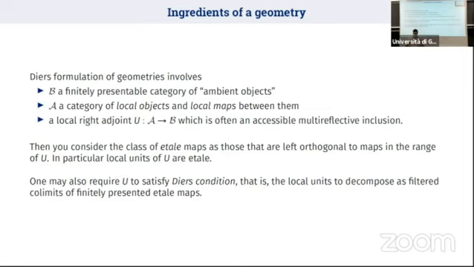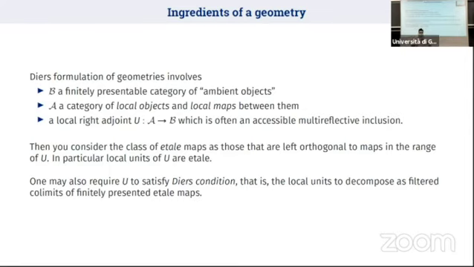Then when you have such a situation, you define a class of étale maps, which are maps that also have an orthogonality property relatively to maps in the range of your functor, that is, relatively to local maps, and amongst which you have the local unit of your local right adjoint.